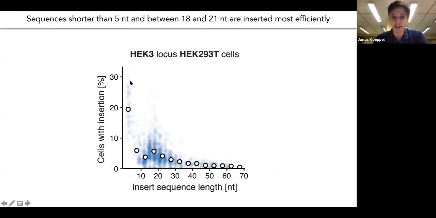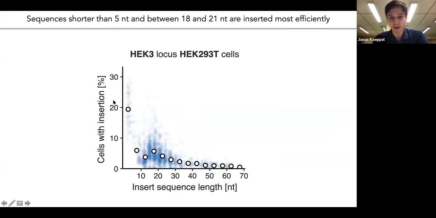And you can see there's this interesting pattern that short sequences are inserted quite well with an average of around 20%. And then we have this dip. So sequences around 10 nucleotides seem to be inserted poorly. And then we have a second optimum here that is around 18 nucleotides, and those sequences insert quite well. And then the insertion rate keeps dropping as we go longer.